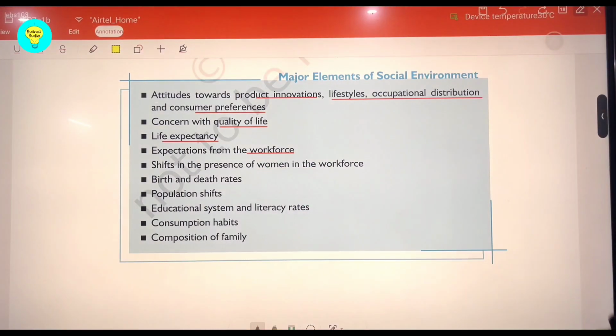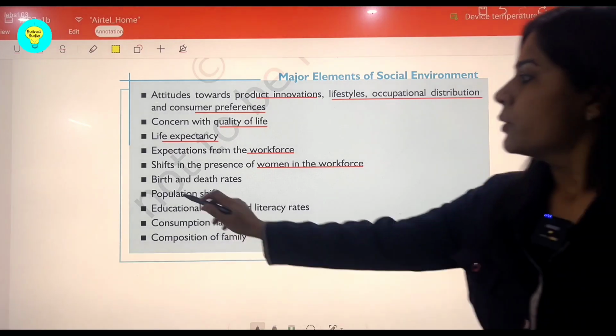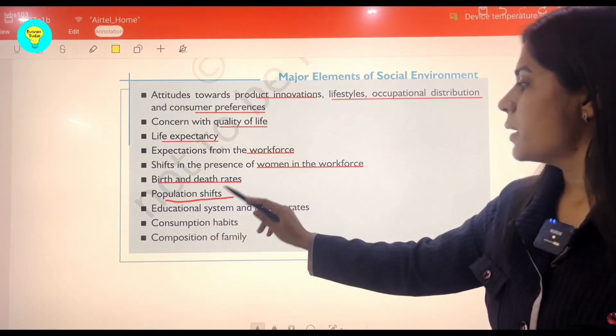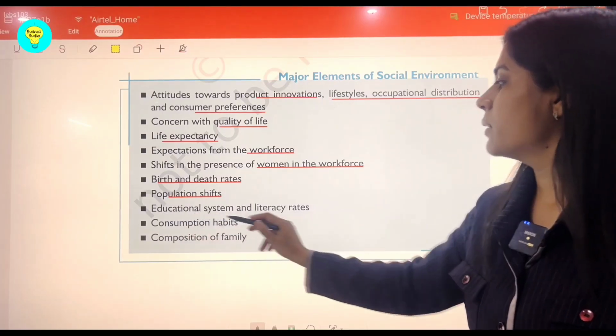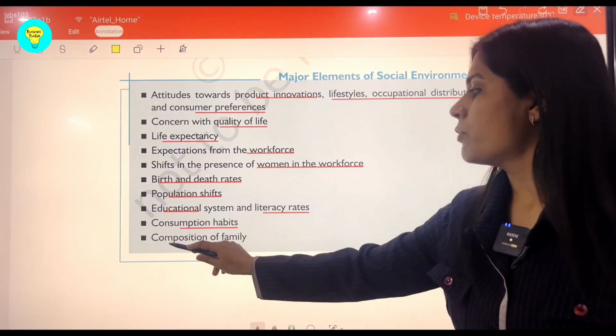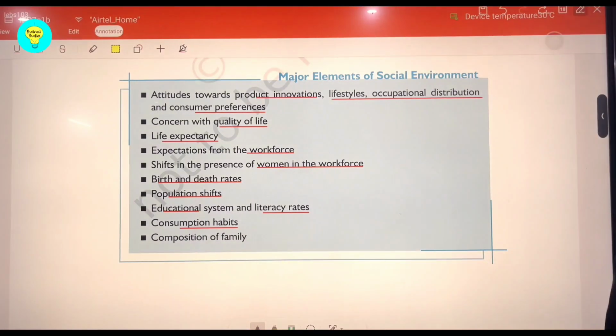This has been a highly vibrant topic throughout. Birth and death rates, the population shifts, educational system and the literacy rates, the consumption habits and composition of the family.